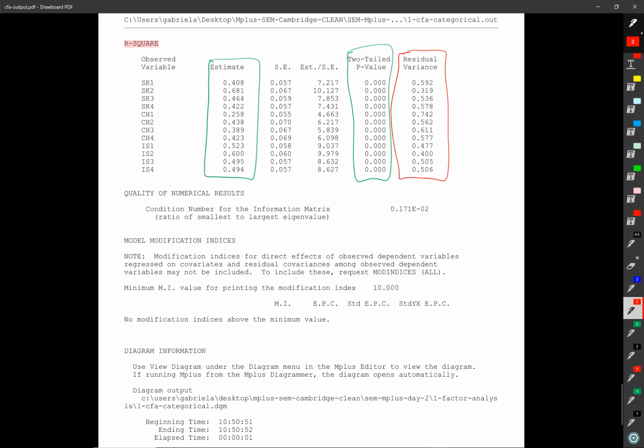And if you are to add together these two numbers, for example for the first item, you see that they add up to 1, the entire variance of the item. Indeed, whenever you have an outcome, its variance in responses is always split into that proportion that is explained by the predictors and the leftover, the residual.